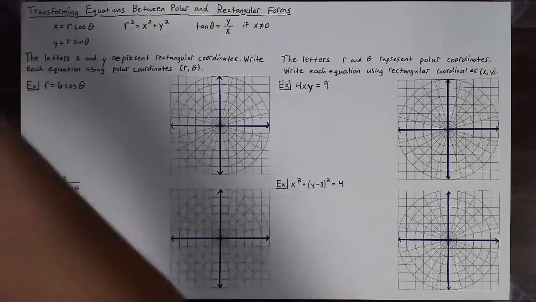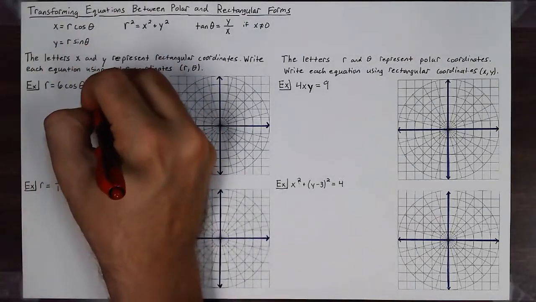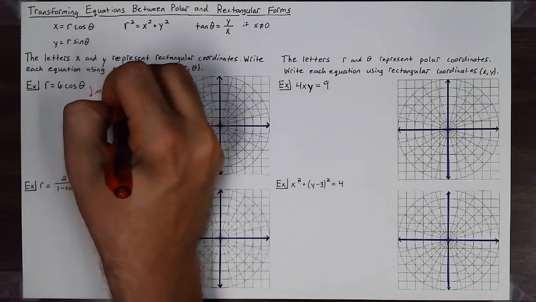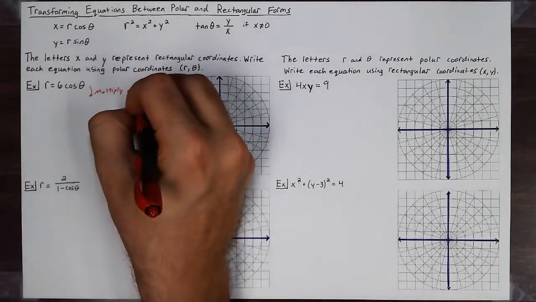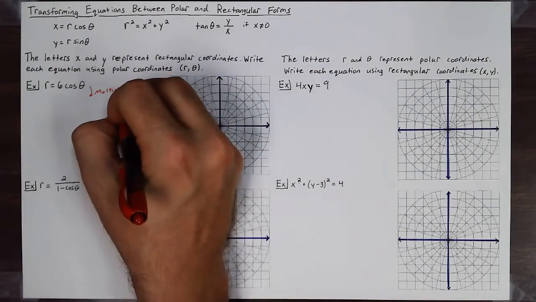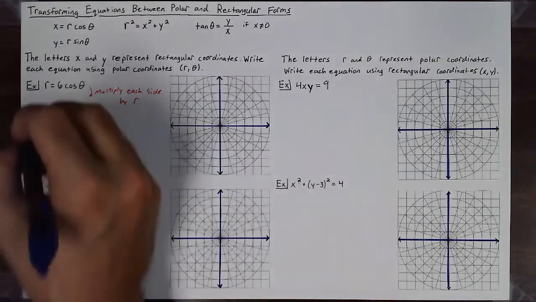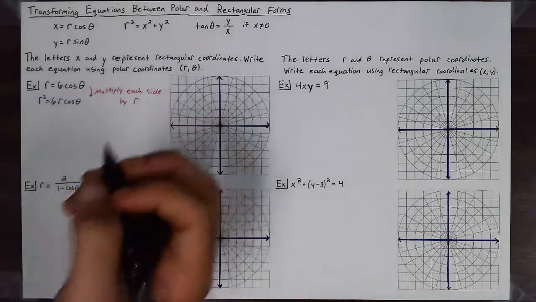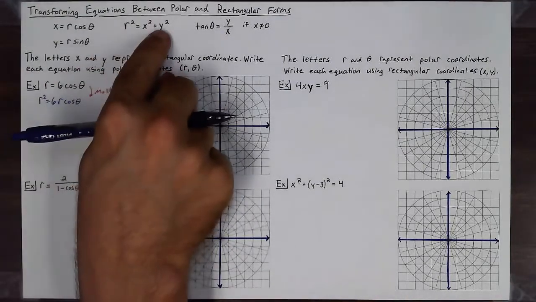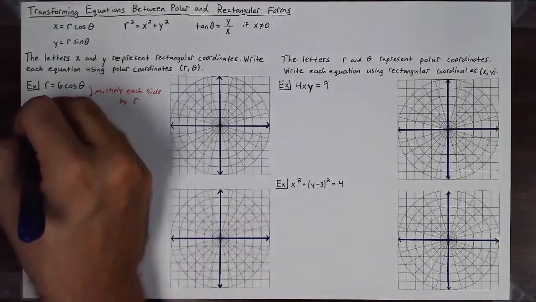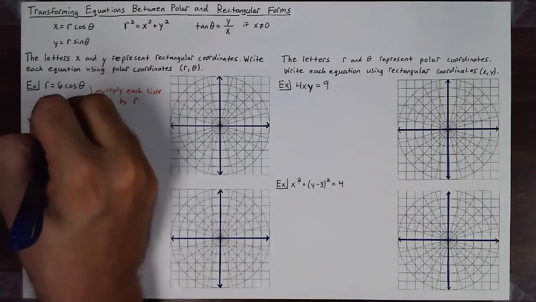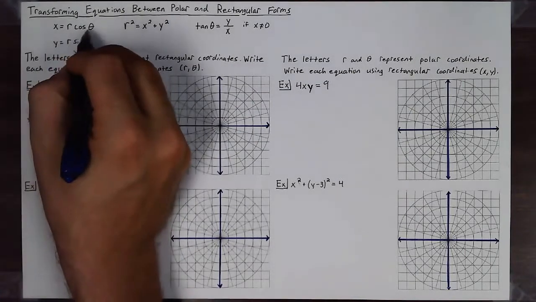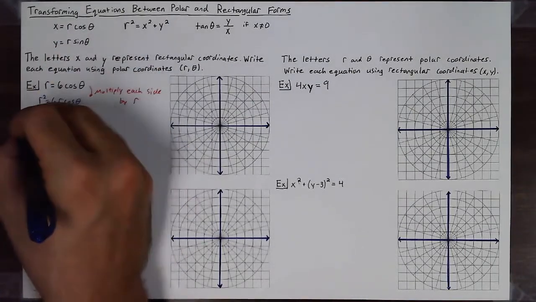So I will multiply each side by r, giving me r squared is equal to 6r cosine of theta. And now I can just replace r squared with x squared plus y squared, equal to 6 times r cosine theta, which is just x.